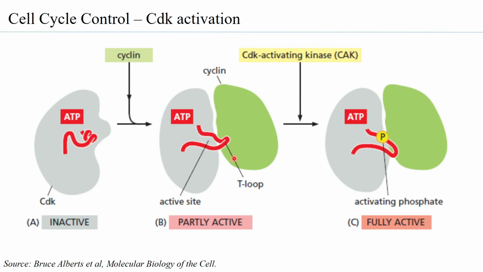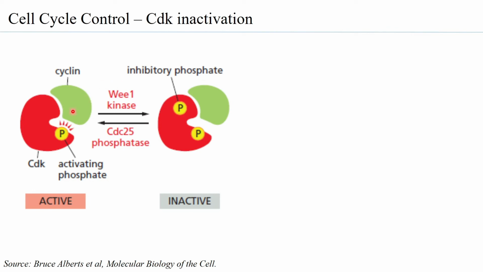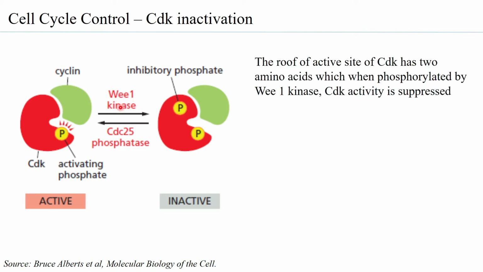Now, in the partially active form or even in the fully active form, the CDK can be inactivated. So we will come to that. How does CDK get inactivated, or can CDK be inactivated? What has been observed is that the cyclin CDK with its activating phosphate is in its active phase. But when you have a Wee1 kinase, which is an inhibitory kinase, this kinase is able to phosphorylate two adjacent amino acids present on the roof of the active site of the CDK.